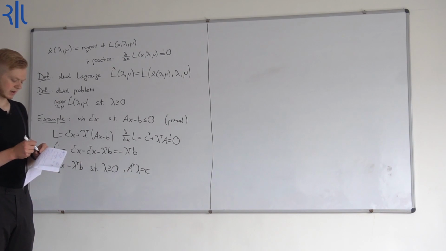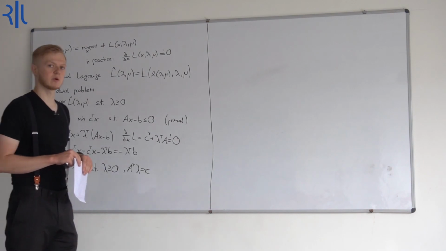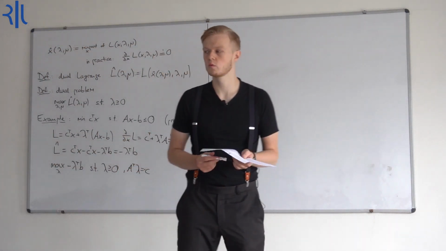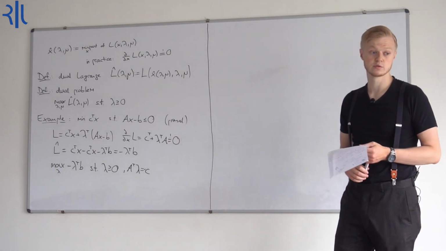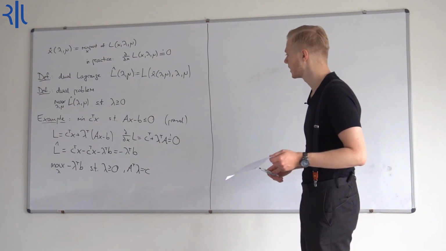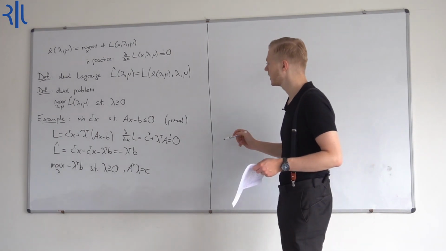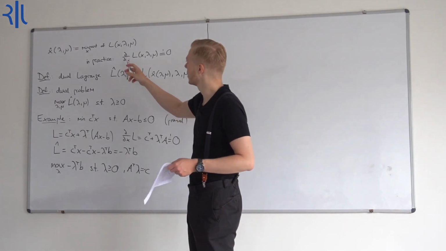So this would be our dual problem now. And here we can see something where we can illustrate why we usually do this. Why would one ever even transform the primal problem into the dual problem? And the reason here is simple. Before that, the problem was formulated in terms of x.